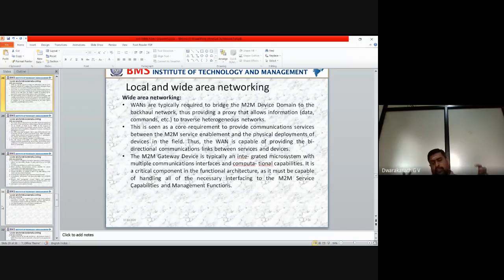When you see all these things, you can think of a WAN, not a LAN, right? Then the M2M gateway device is typically an integrated microsystem with multiple communication interfaces and computational capabilities.